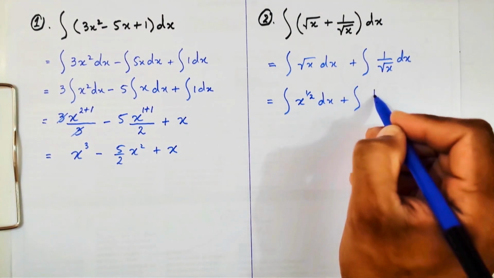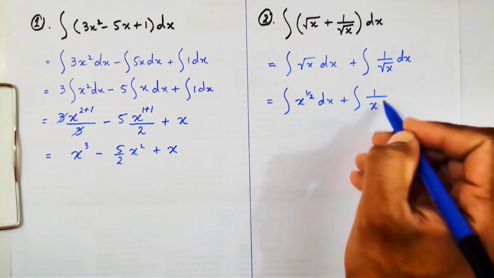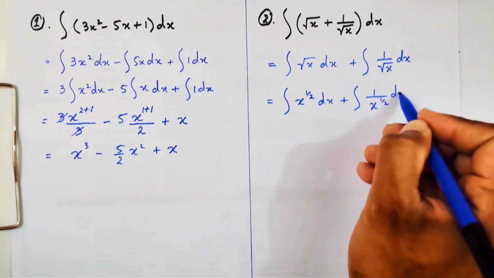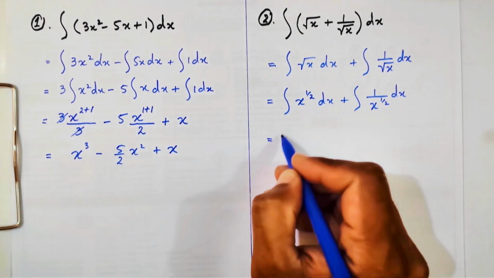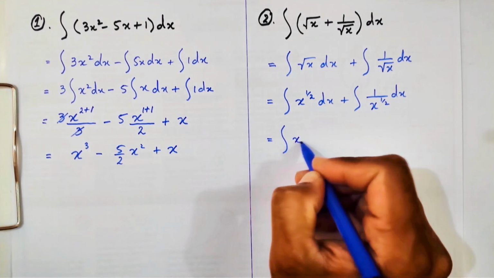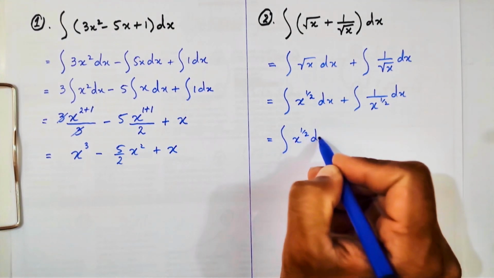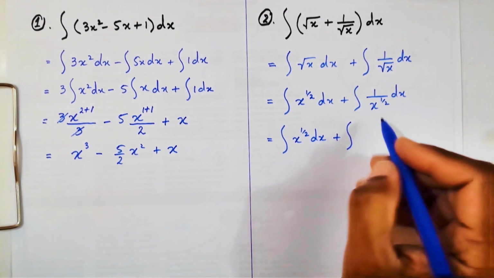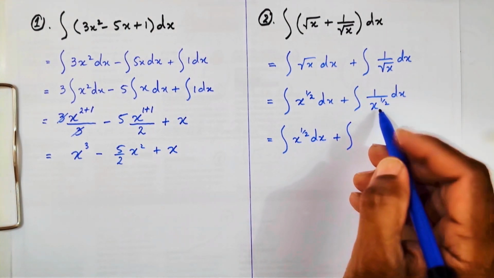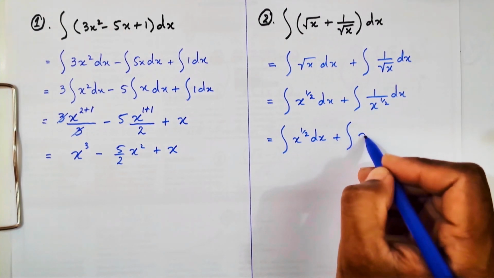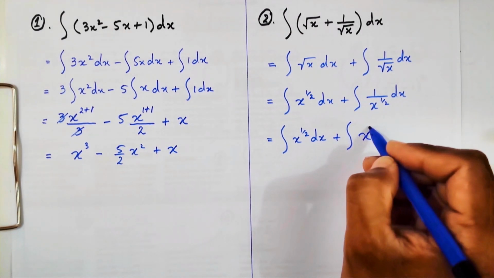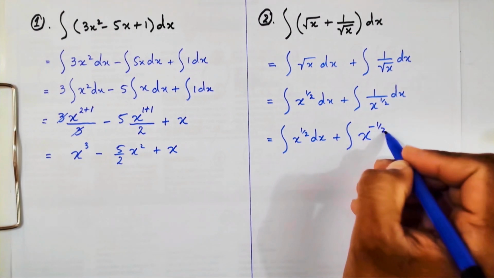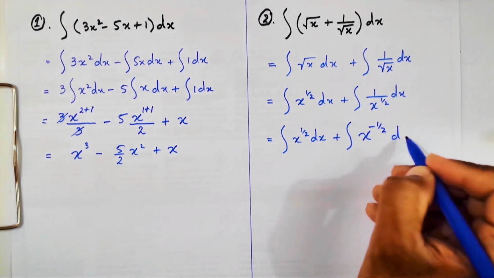Same as here. Before finding the integration, we do one more step. We move this x from the denominator to the numerator. Its power will be changed into minus 1 by 2.